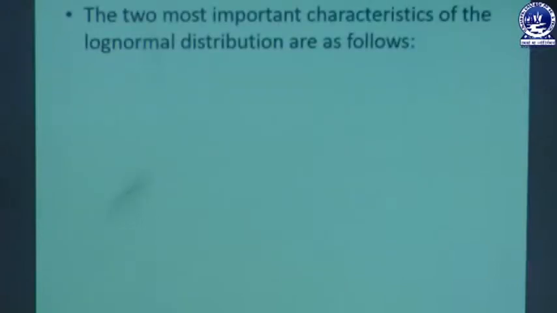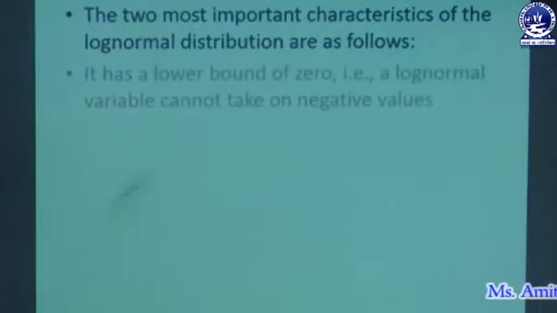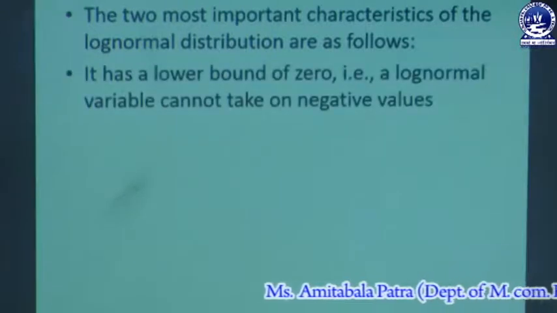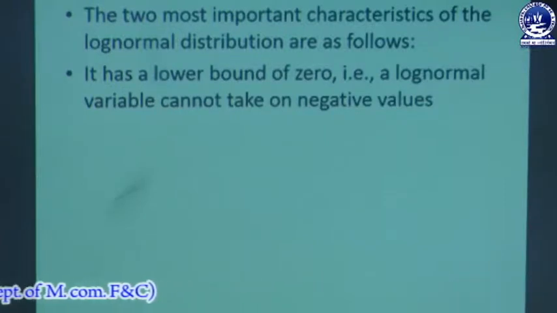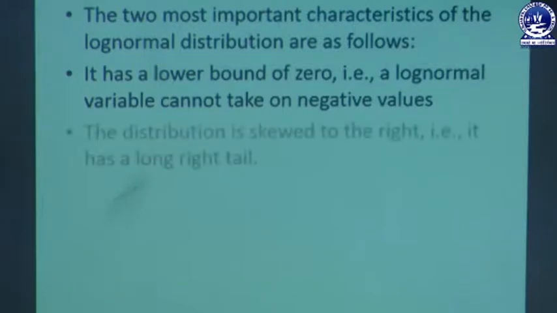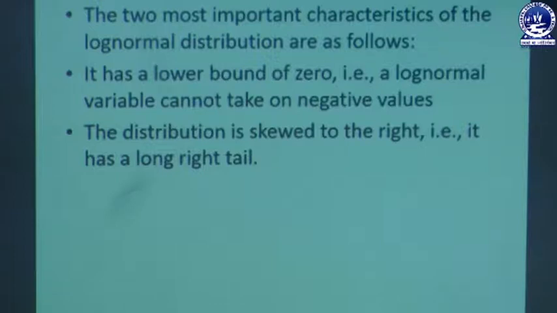The 2 most important characteristics of the log normal distribution are that it has a lower bound of 0, that is, a log normal variable cannot take on negative values, and the distribution is skewed to the right, that is, it has a long right tail. You can see the image here. These are the graphs of the log normal and normal distribution.